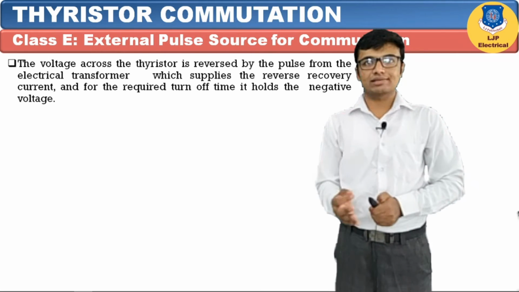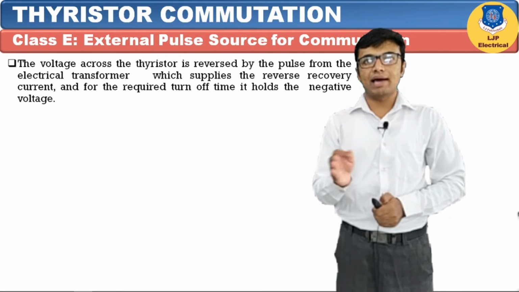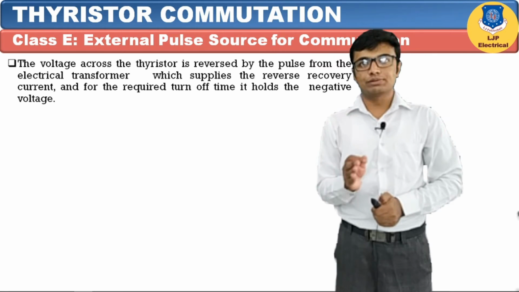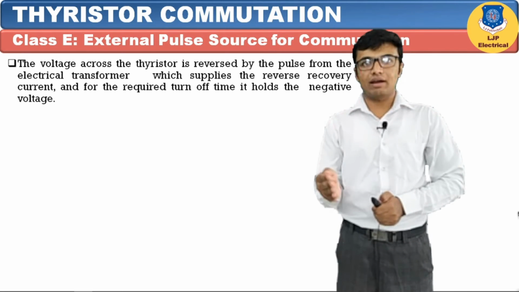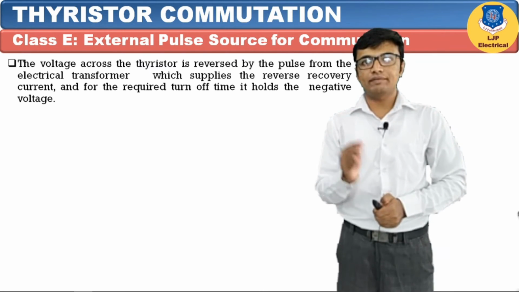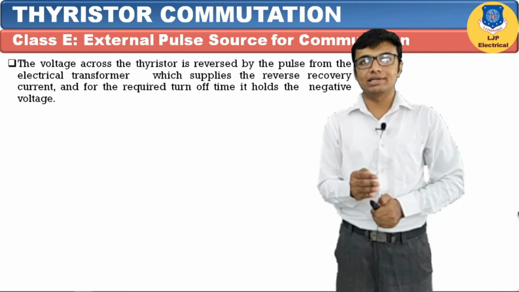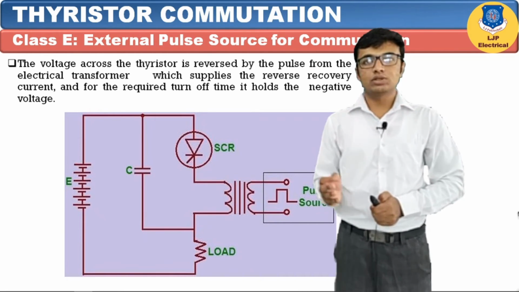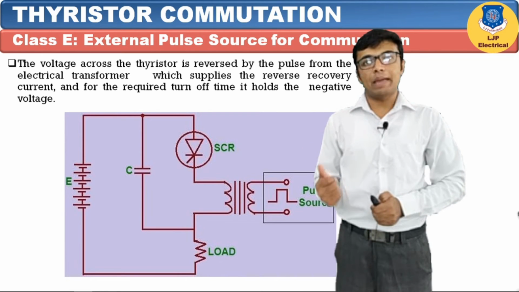Let's see how it will work. The voltage across the thyristor is reverse biased by the pulse from the pulse transformer, which supplies the reverse recovery current, and for the required turn off time it holds the negative voltage. So this is the circuit diagram of external pulse commutation. It has one SCR, one pulse transformer, load and capacitor.